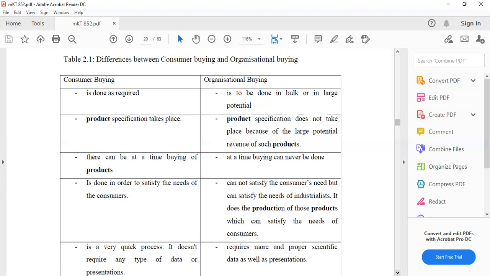So industrialists who engage in purchases think of the satisfaction they are going to make in those purchases, especially when they are buying for consumption.